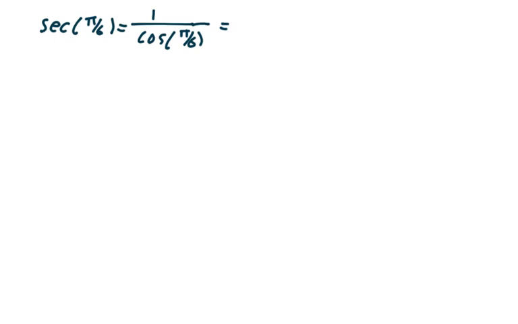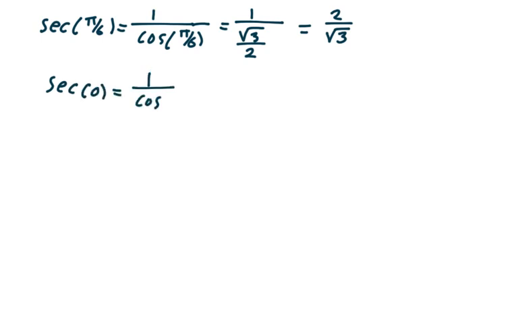But cosine of pi over 6 is square root of 3 over 2. So I'm going to write 1 over the square root of 3 over 2, and we can say this is 2 over square root of 3. And then secant of 0 is 1 over cosine of 0, which is 1 over 1, which is 1.